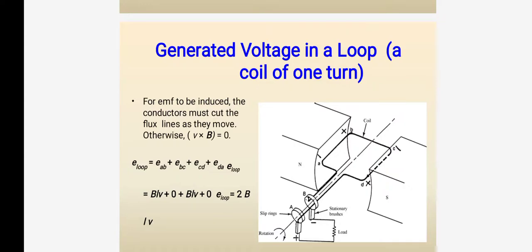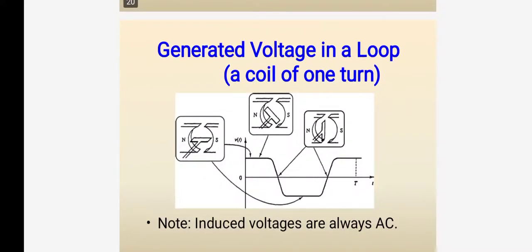You can see here that ABCD is the position of the conductor, how the conductor is positioned or rotated based on the current flow in the conductor. So BLV plus 0, BLV plus 0, so E loop equals 2 BLV. So this is how the generator voltage is produced while the conductors rotate.